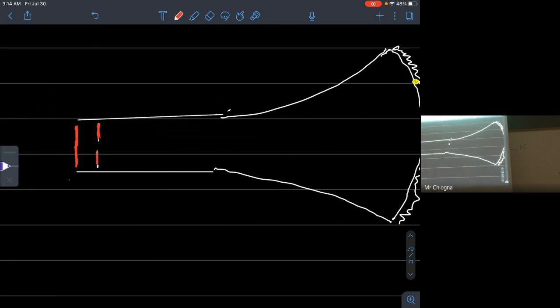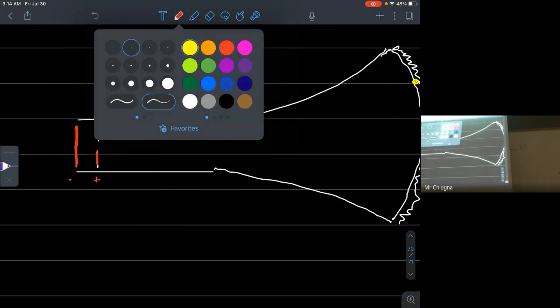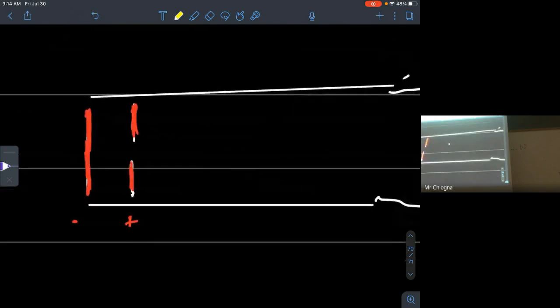This would be negative, this would be positive. And the electrons created would come off of the negative plate, and it would pass through. This is a positive plate here.